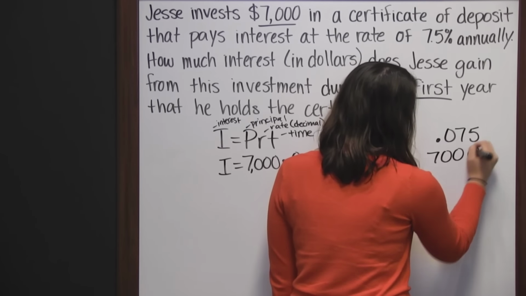Write the 5, carry the 3. 7 times 7 is 49, plus 3 is 52. And then we have 3 numbers behind the decimal, so 3 numbers behind the decimal. And that means that he's going to make $525 off of his investment. So that's the number you would need to bubble in, is 525.